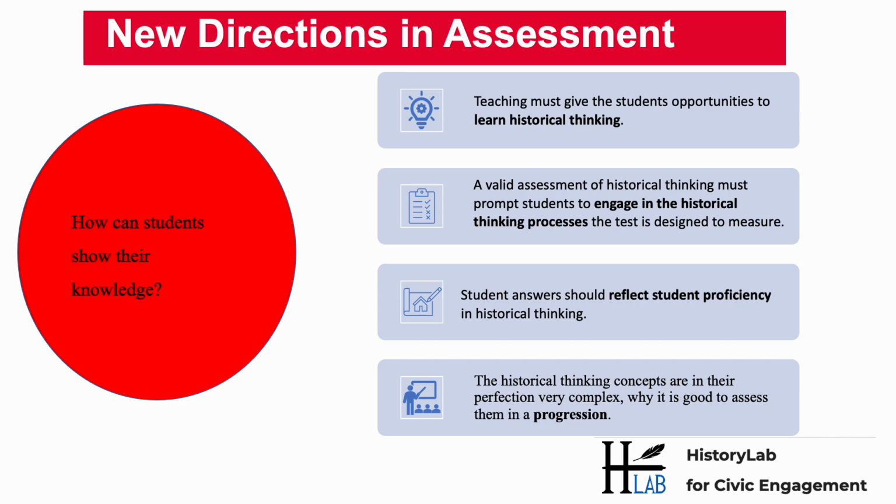The historical thinking concepts are in their perfection very complex, which is why it is good to assess them in a progression. In a simple form, the students can start to identify different aspects of historical thinking by, for example, multiple choice questions, where the students are supposed to identify a triggering cause of a historical event.